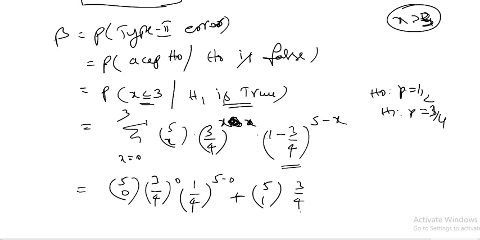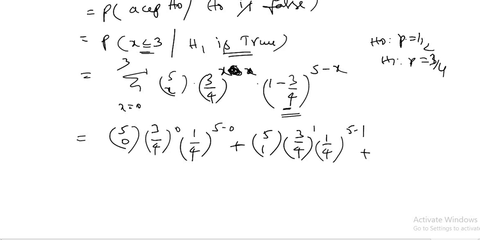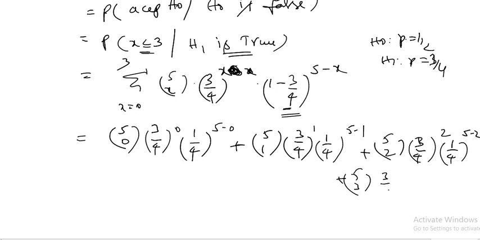5C1 (3/4)^1 (1/4)^(5 minus 1), plus we need to take 0 to 3. 5C2 (3/4)^2 (1/4)^(5 minus 2), plus 5C3 (3/4)^3 (1/4)^(5 minus 3).